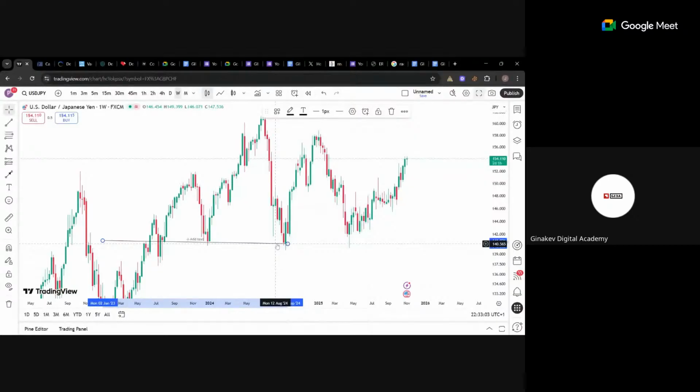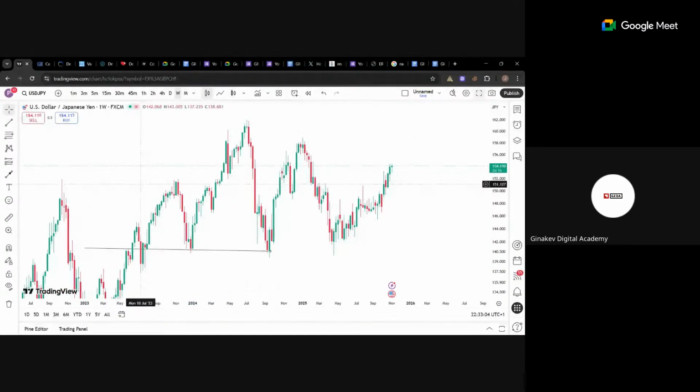When these things are giving you pullbacks, what is expected? Look at this first move: it broke structure sharply. It gave you a pullback. After the pullback, what is expected? A new move that breaks the previous structure. Now it gave you a new move that broke previous structure. It came back and gave you the pullback, using here as inducement.